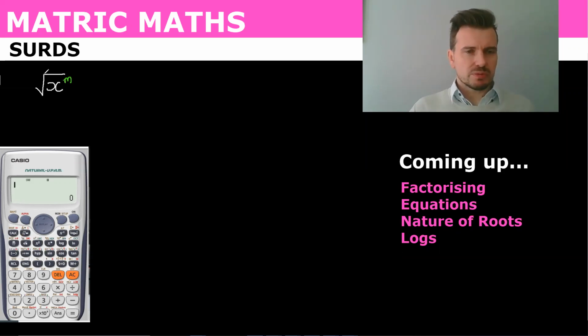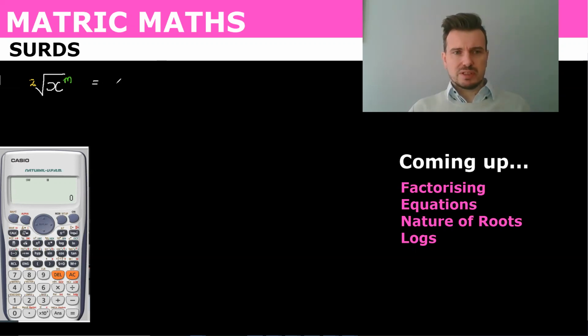When you see this without a number, so if it was a 3, then it would be the cube root. But if you see it like this with nothing, then we know that there's that ghost 2 here. Ghost meaning it's there, but you can't see it. So I'll do it with little dotted lines. There's a 2 there, which you don't see. That can be expressed as an exponent.